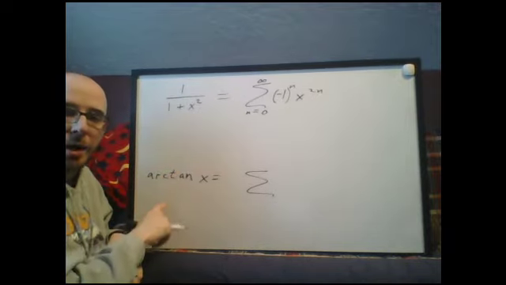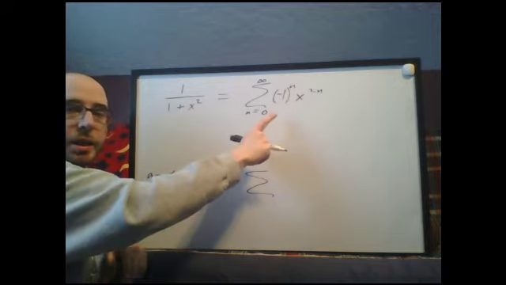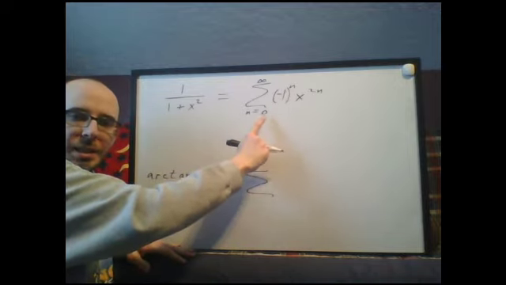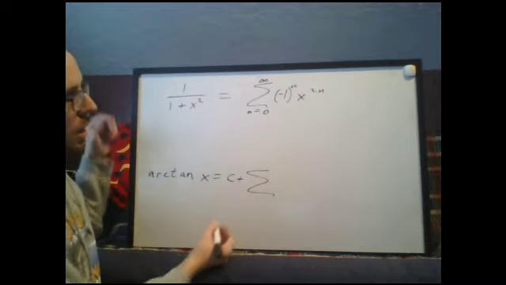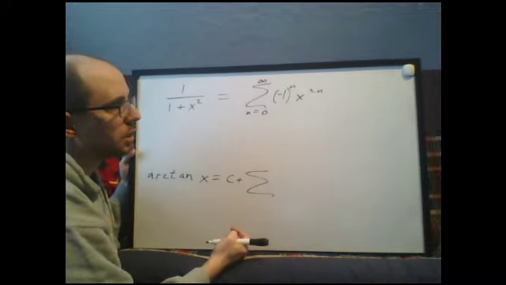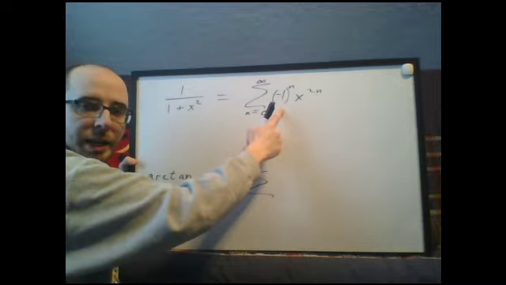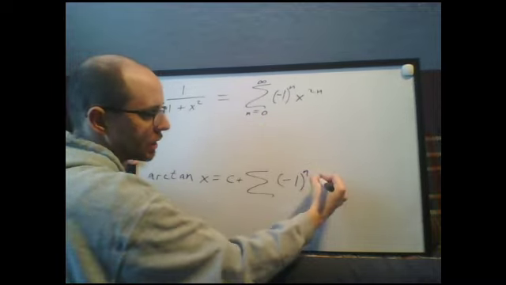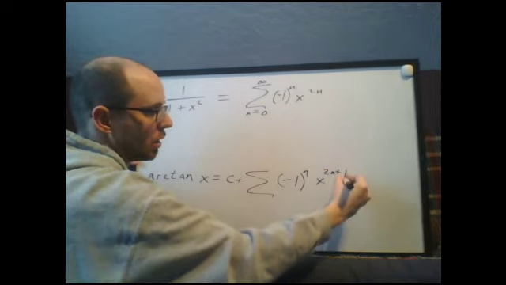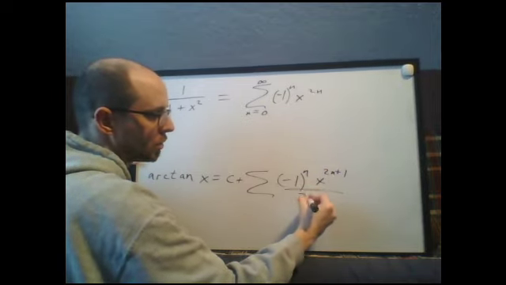Therefore, the power series for arctangent will be the integral of this, the antiderivative of this. So I'll put a c plus, and now anti-differentiate this. Again, negative 1 to the n, that's a constant multiplier. So you keep that. We'll have x to the 2n plus 1 divided by 2n plus 1.